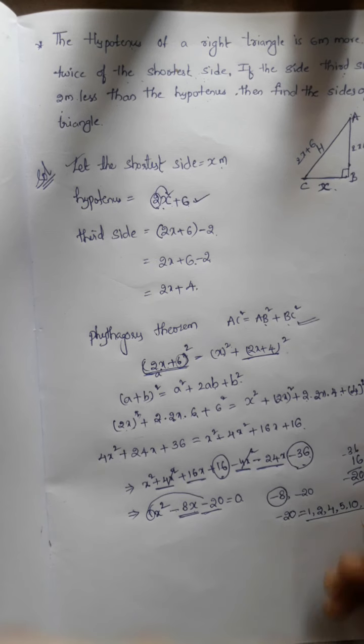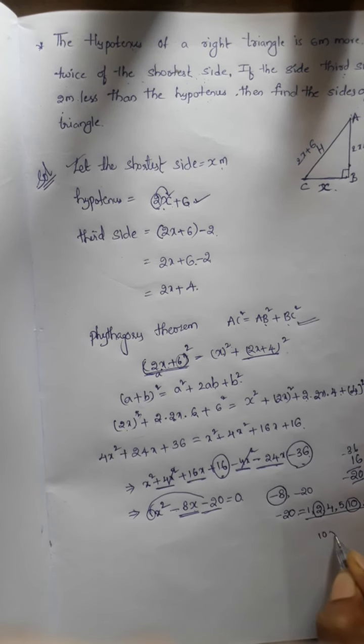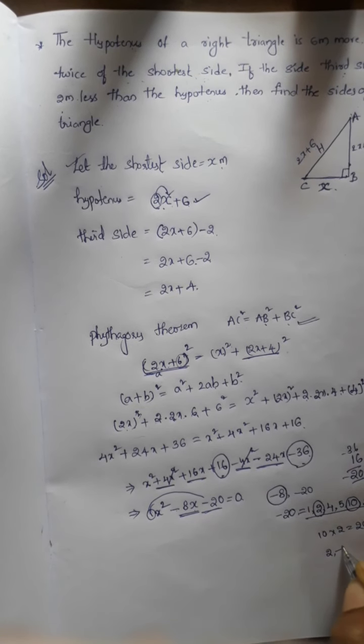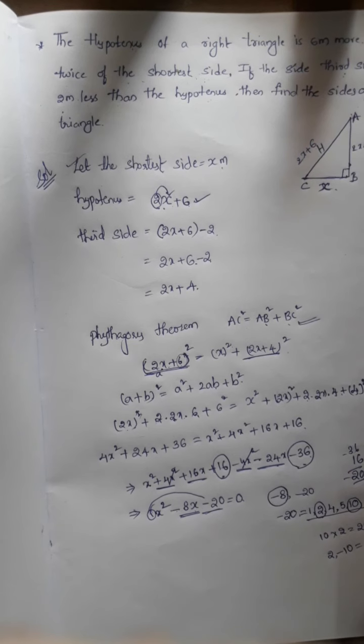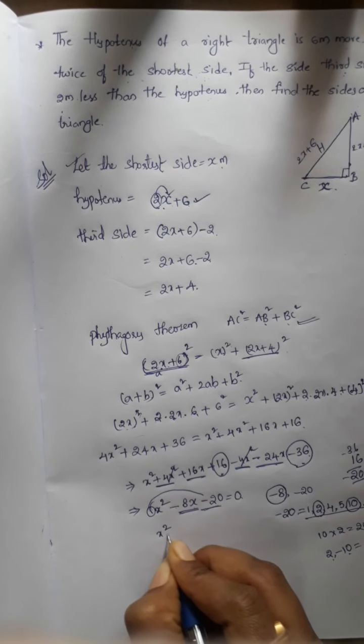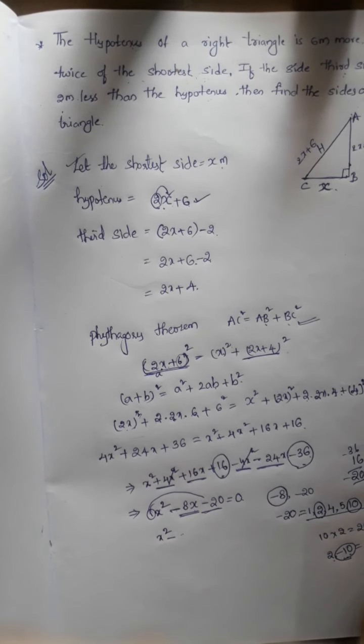So in these factors we need to take two numbers which give us minus 8, either by sum or difference. We can take here 10 and 2, right? 10 2s are 20 and 2 minus 10 gives us minus 8. So I am taking here x square minus, the bigger number should have minus because the middle term has minus, right?